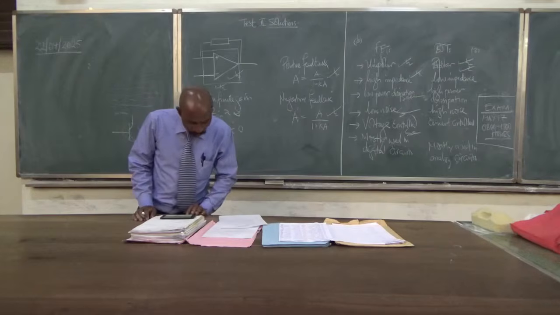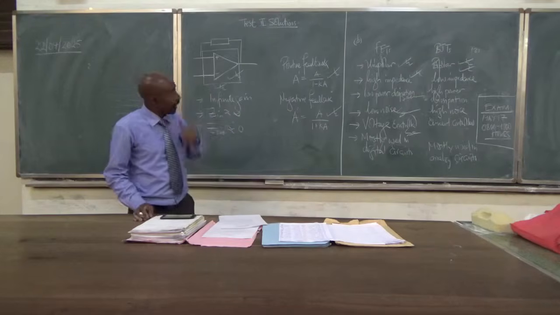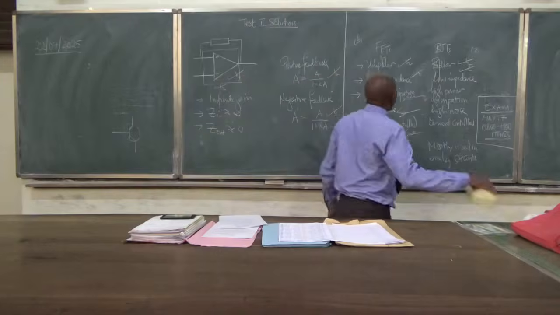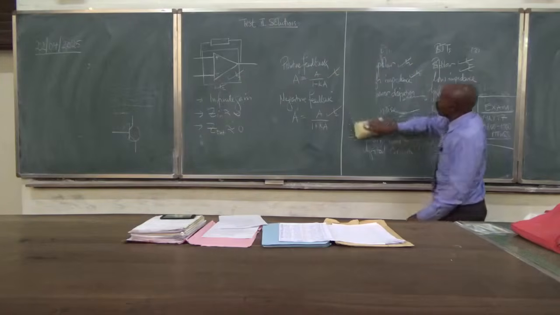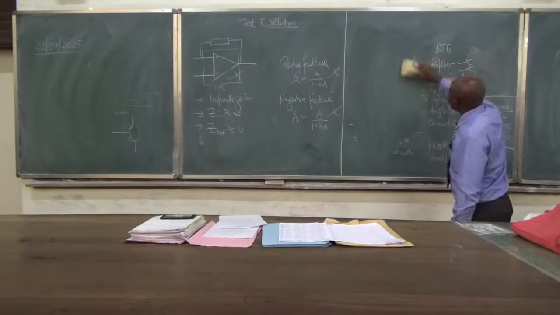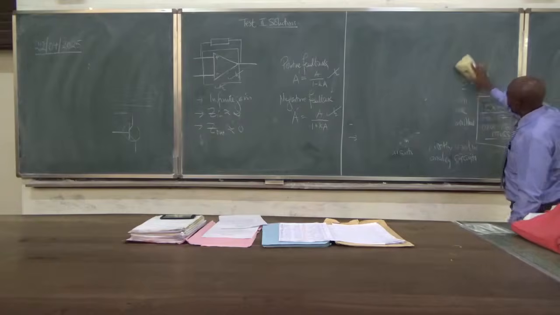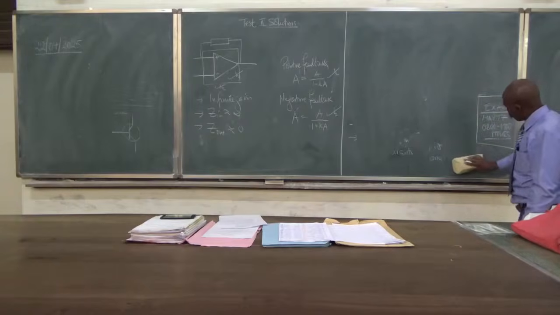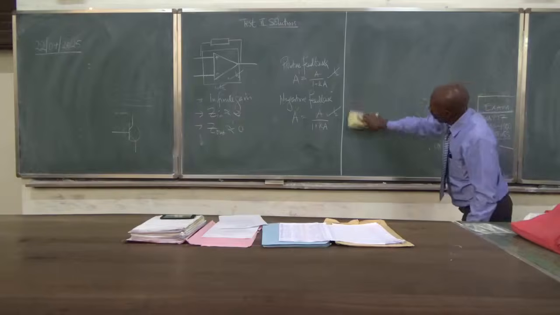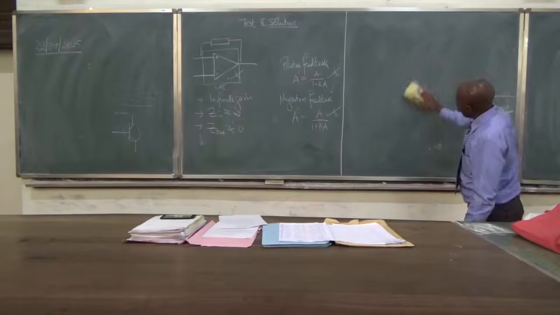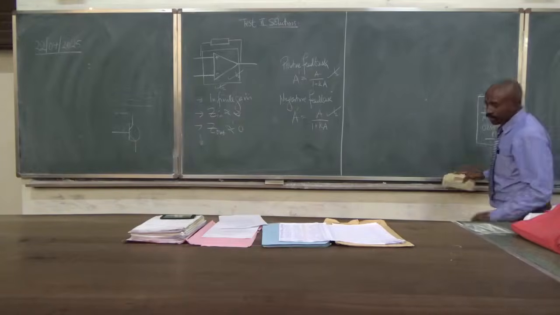Differentiate between digital circuits and analog circuits. Analog circuits have continuous values, and then digital circuits have discrete.